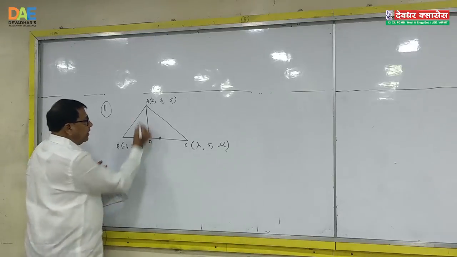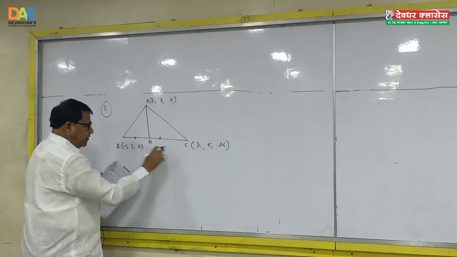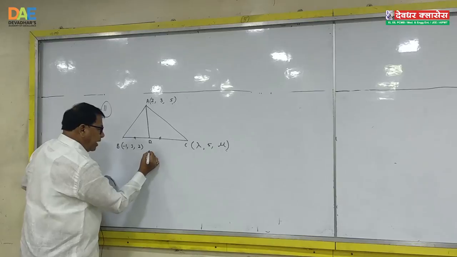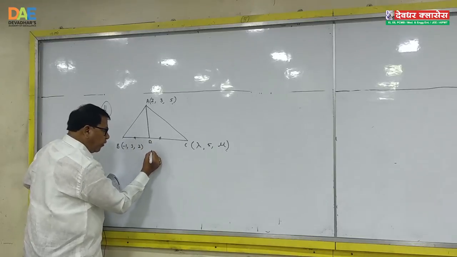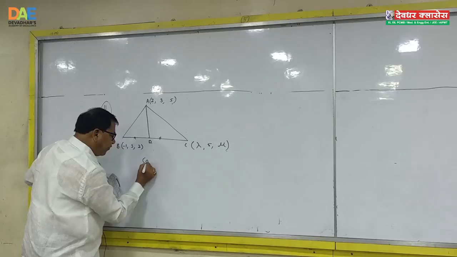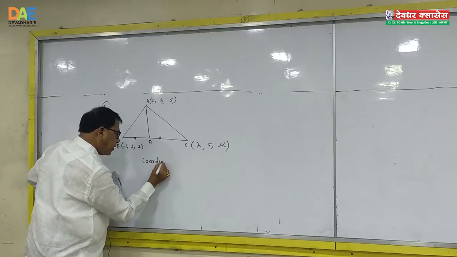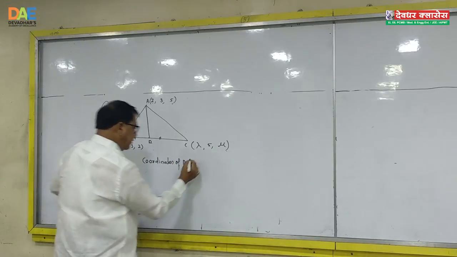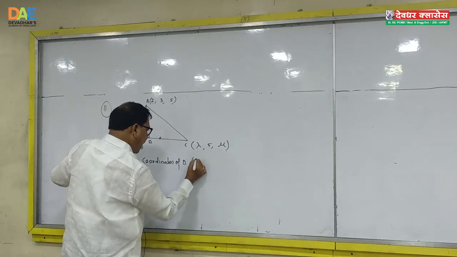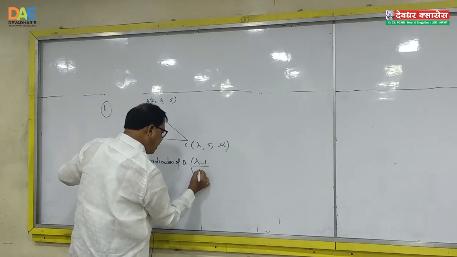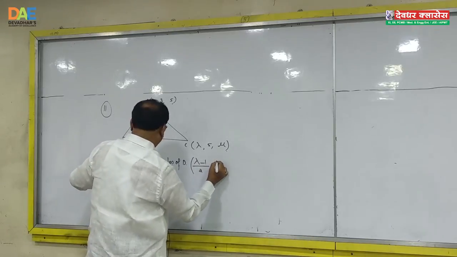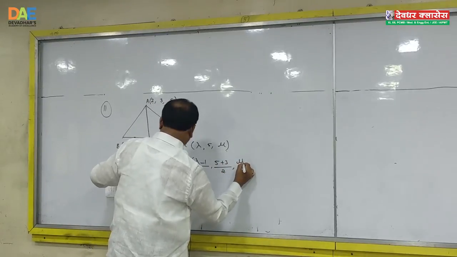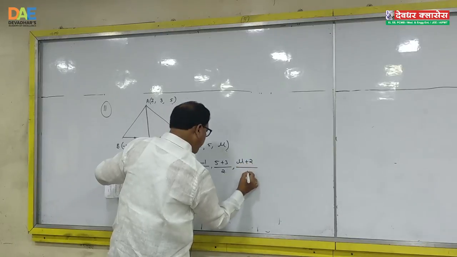See that A is (2, 3, 5). AD is a median, so D is the midpoint of BC. By using the midpoint form of the section formula, the coordinates of D are (lambda minus 1 upon 2, 5 plus 3 upon 2, mu plus 2 upon 2).